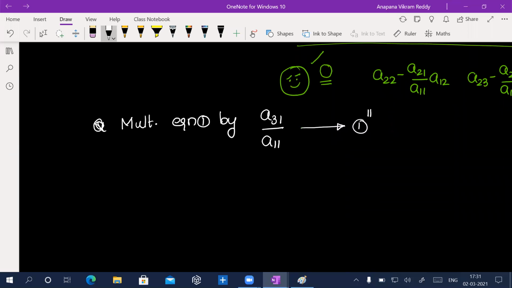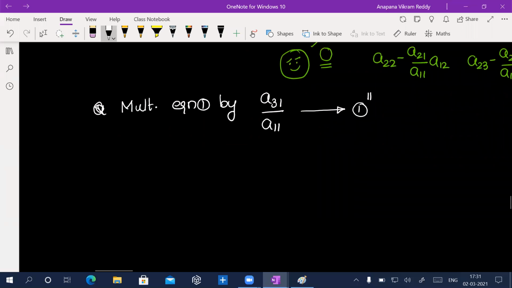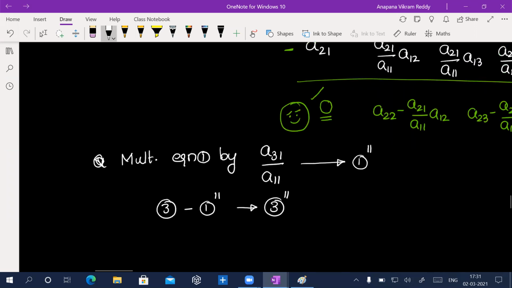I'm just modifying my equation number 1. Then you have to subtract this 1 double prime from equation number 3. Agree? So that you will get modified row 3. This double prime indicates you're modifying that again.